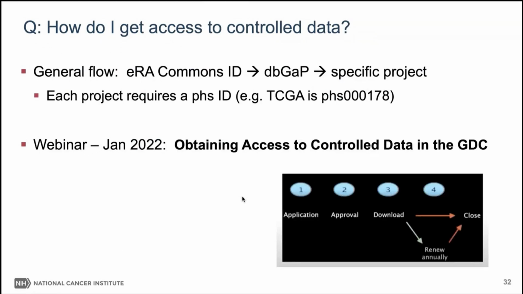We go into this very in-depth in the January 2022 webinar about obtaining access to controlled data in GDC. During that, we show a video that dbGaP makes directly on how to get access to a specific project through the dbGaP interface. So if you're looking to do that, our video or the dbGaP video are a good place to start.